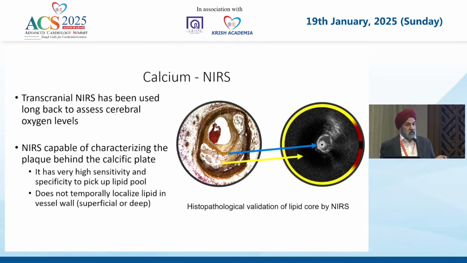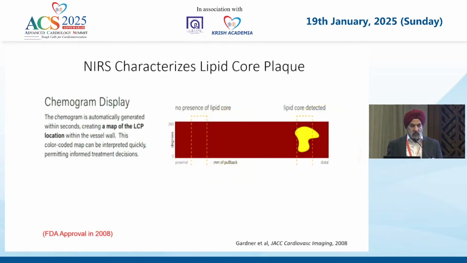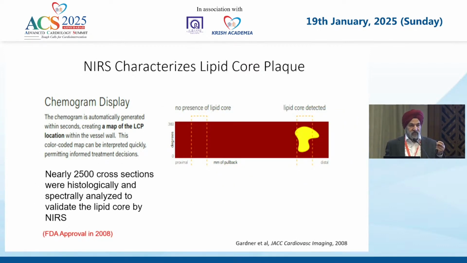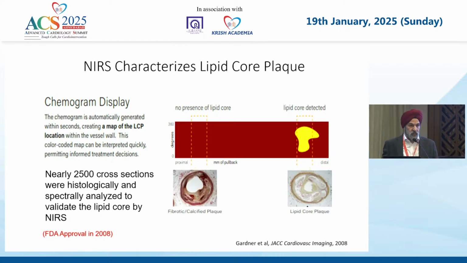The core localization of lipid is seen histopathologically as well as on NIRS, but it temporally does not localize whether this lipid is superficial or deep. So they did about 2,500 cross sections of cadaveric coronary arteries, and they found 95% sensitivity and specificity of NIRS to pick up the lipid pools.